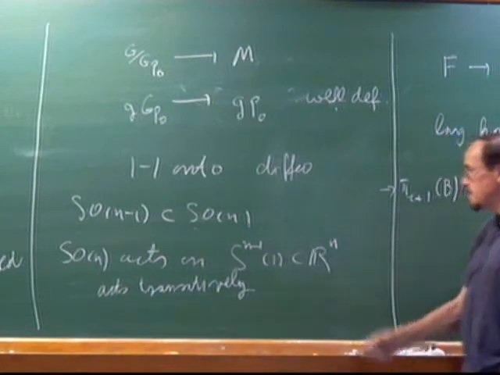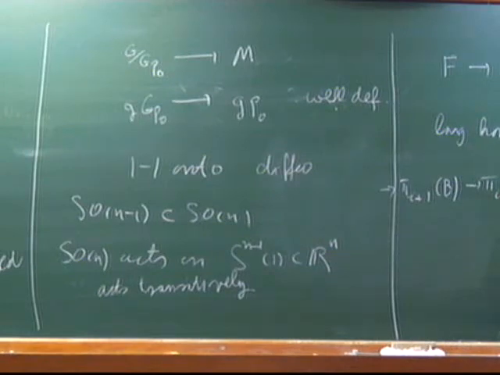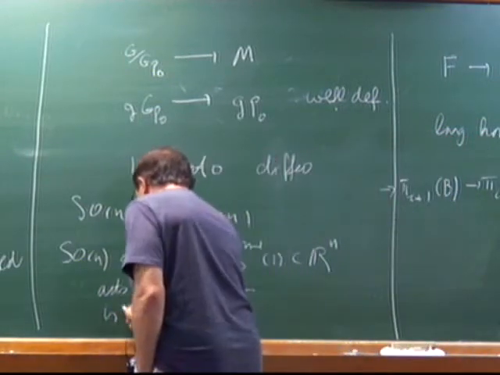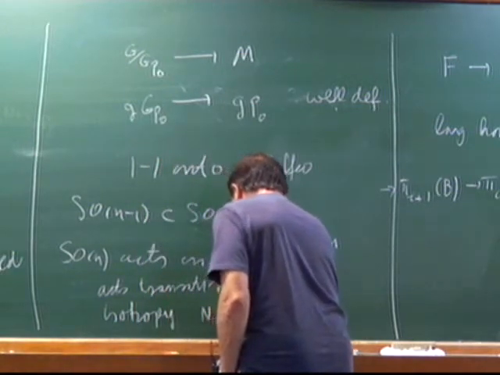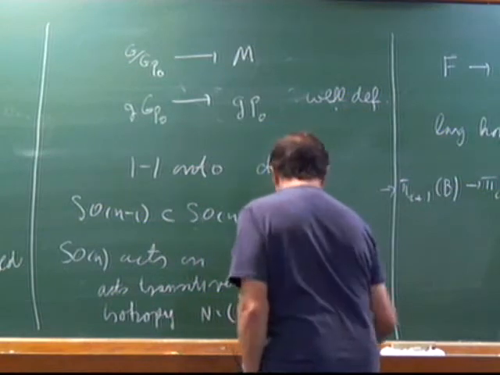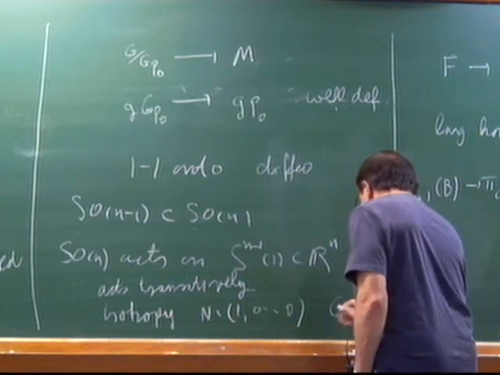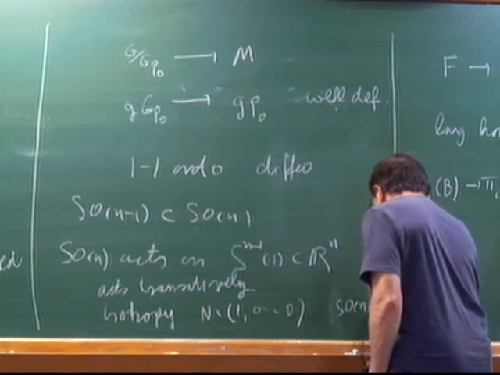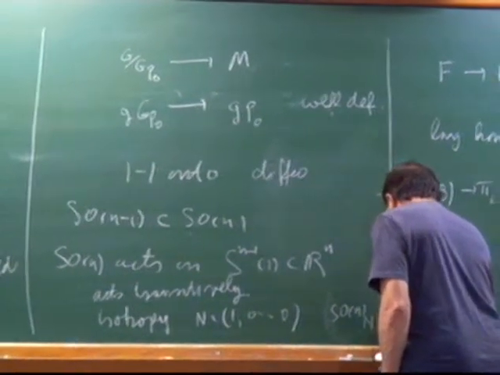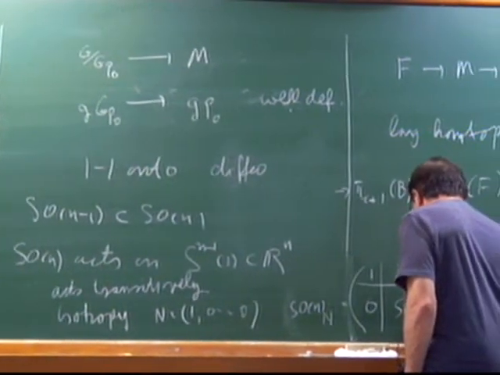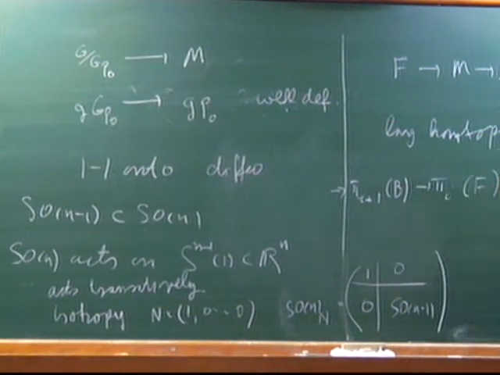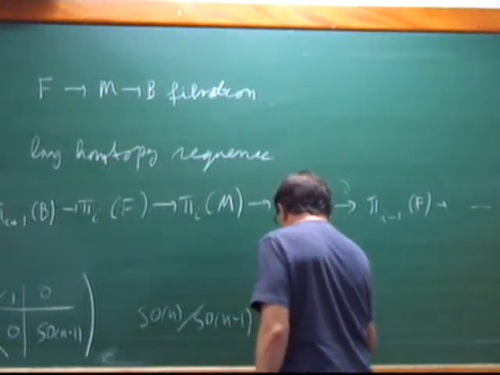It's one way to characterize SO(n). So we can certainly take any vector into any other vector. And what's the isotropy? Say the isotropy at the North Pole is just the subgroup that is embedded like this. So I get by this discussion that SO(n) divided by SO(n-1) is equal to S^(n-1).